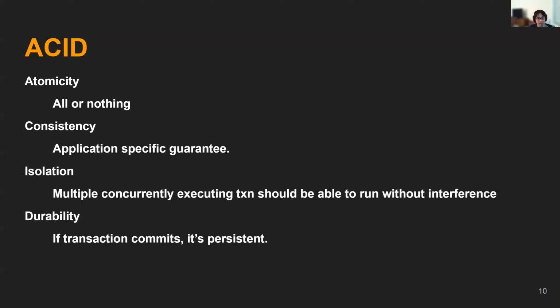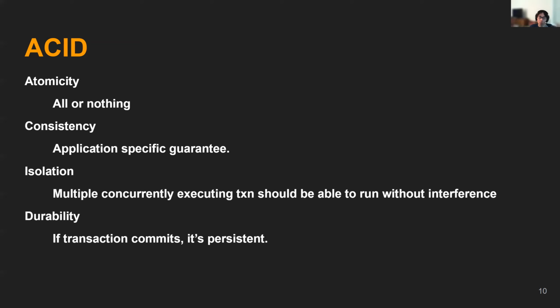The second term, consistency, is probably the most vaguely defined term in ACID. I feel like the academic who came up with the word ACID wanted to throw in a consistency to make this word memorable. So consistency means that if your database is consistent before the transaction, then executing a valid transaction should not make your database inconsistent.